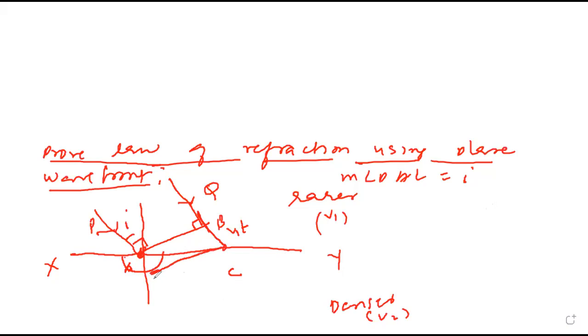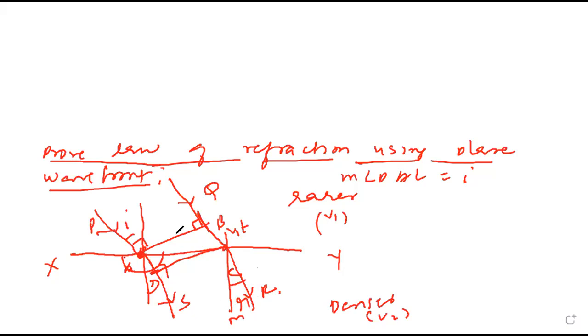Draw plane CD touching the sphere at D. Draw DS, CR perpendicular to plane CD. The CD represents refracted plane wavefront bounded by rays DS and CR. R be the angle of refraction. So measure angle MCR equal to R.